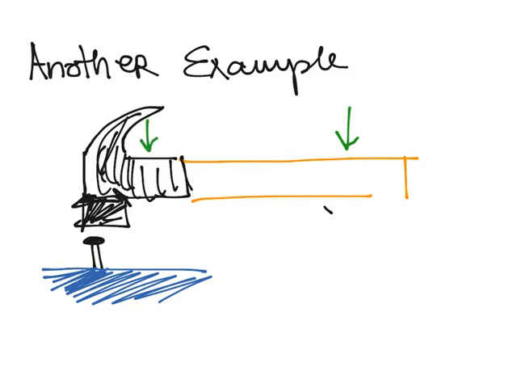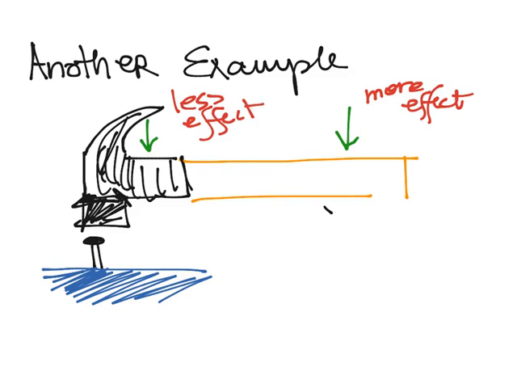So you get more effect if you hold here, and less effect if you hold right here. These two things are both an example of how the same force can get you a different effect depending on where you apply the force.